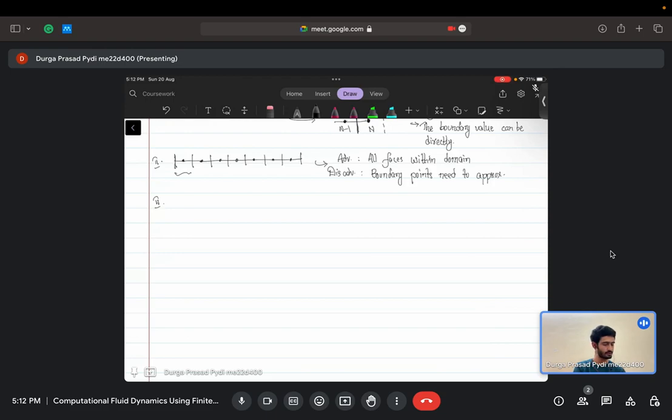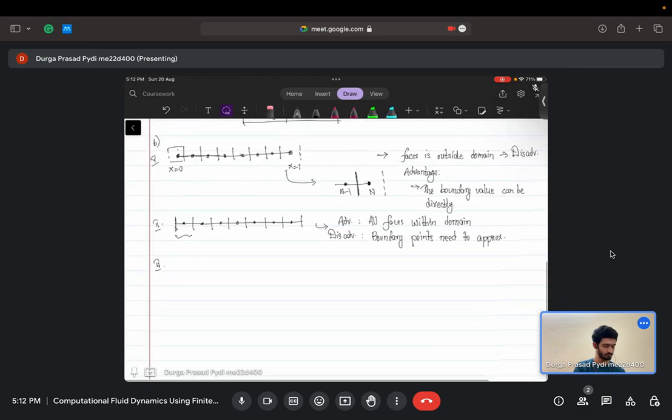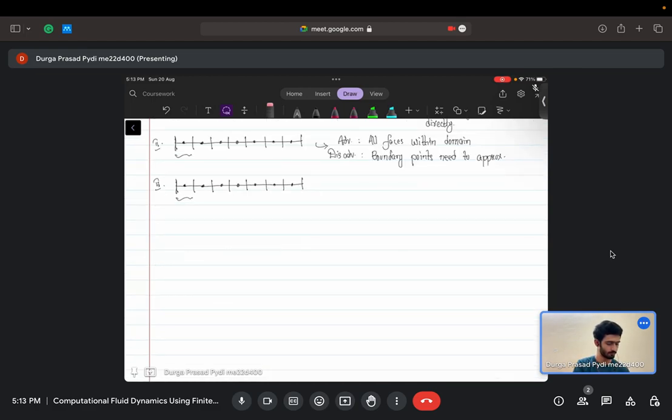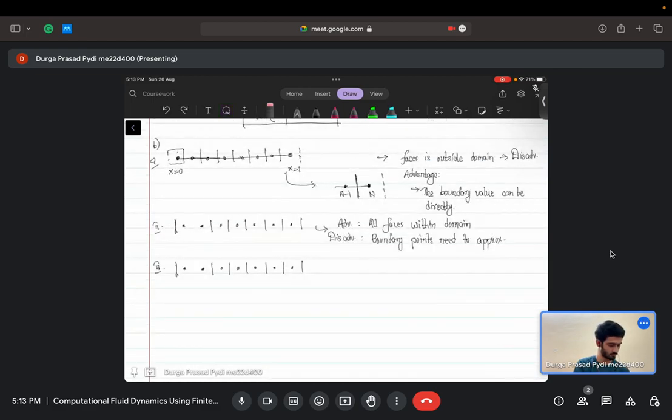So in approach 2, if you consider this, this is my domain. This is my x equals 0, this is my x equals 1, and these are my nodes 0, 1, this is my i minus 1, i plus 1, this is my n minus 1 and this is my n.